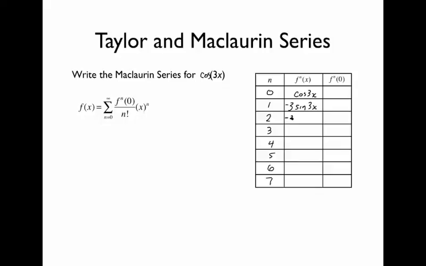Negative 3 squared cosine 3x. And then what's the third derivative? Well, we're going to get 3 cubed sine 3x.